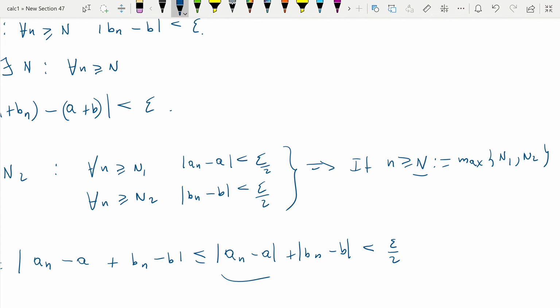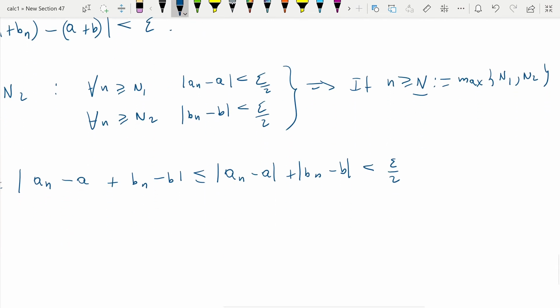So the absolute value of a_n minus a is going to be less than epsilon over 2, and the second expression here as well, as long as n is greater than or equal to N. Remember that N is defined as the maximum between N1 and N2: for all n greater than or equal to N1, a_n minus a is less than epsilon over 2, and for all n greater than or equal to N2, b_n minus b is less than epsilon over 2.